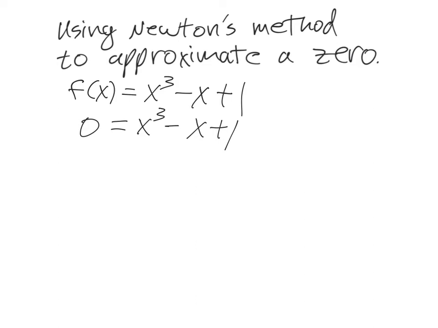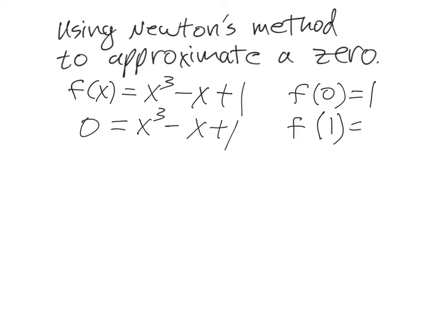But what we've got to do first of all is pick a good starting point. That usually means find maybe f of 0, maybe f of 1, maybe f of 2. It will vary depending on the function. If we look at f of 0, we would have what? 1. Okay, 1. And that's probably a real good place to start.